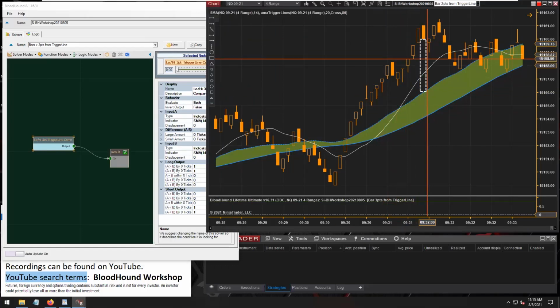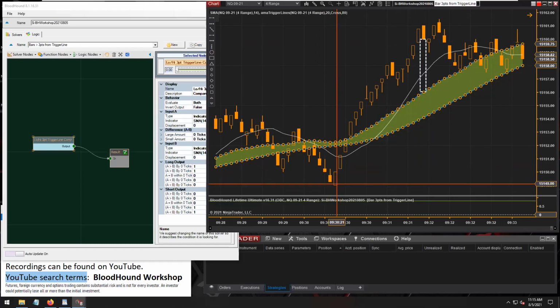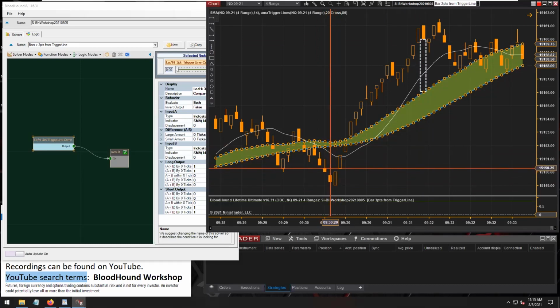If the bars are above your indicator, then you'd be looking at the low of the bar, the bottom of the bar. And if your bars are below, then you'd be looking at the top of the bar, which would be the high price, and comparing the high price to your indicator.